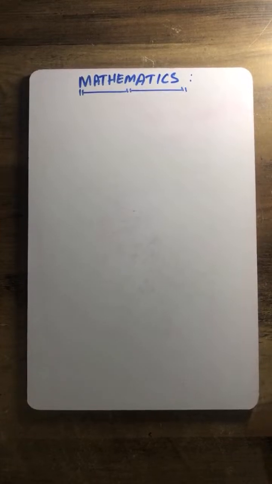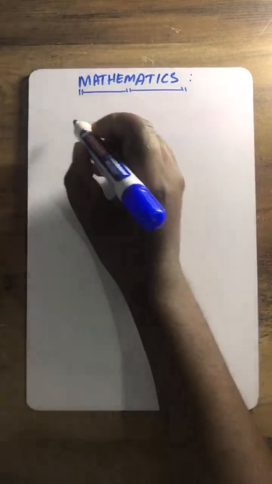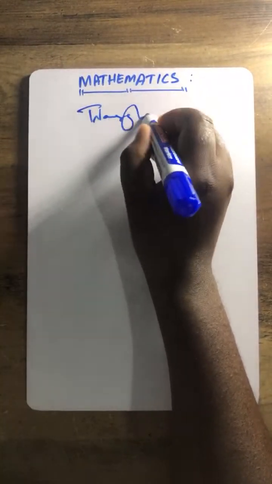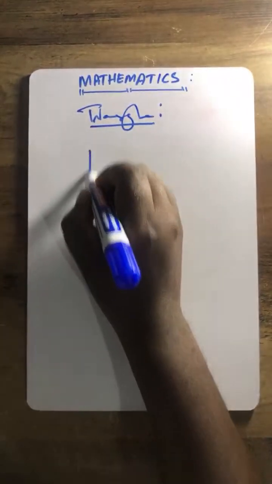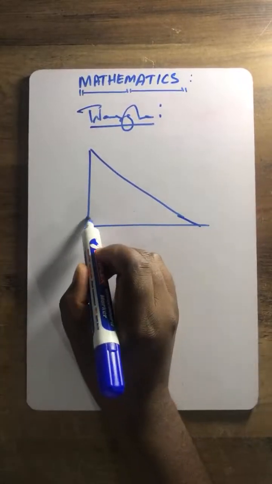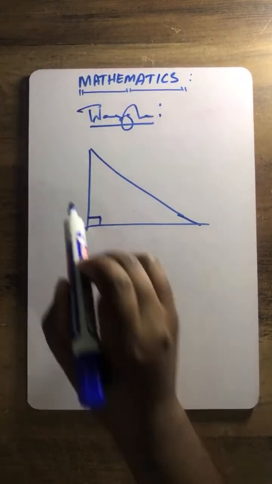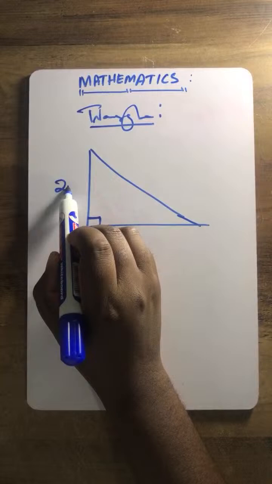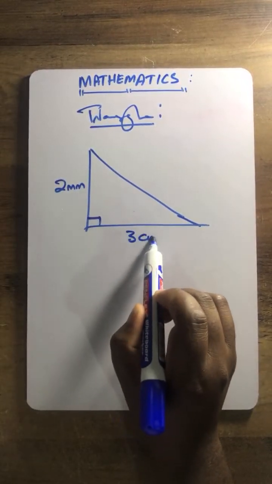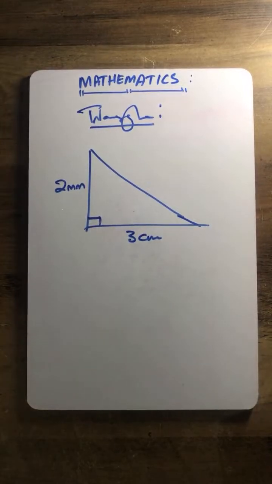It does not end there, honorable members. Let us maybe talk about a triangle. A triangle being a shape looking similar to that, where we have a 90-degree angle there. We can say this is 2 millimeters, and then we can say this is 3 millimeters.